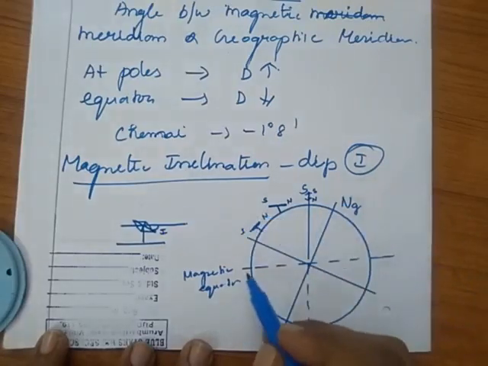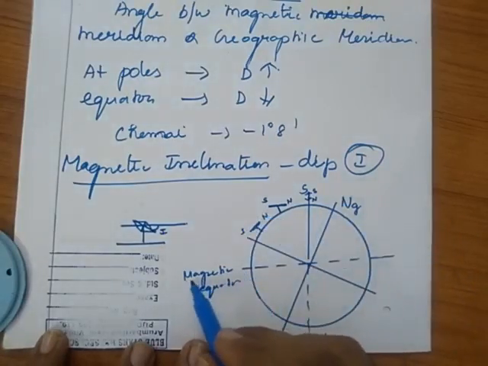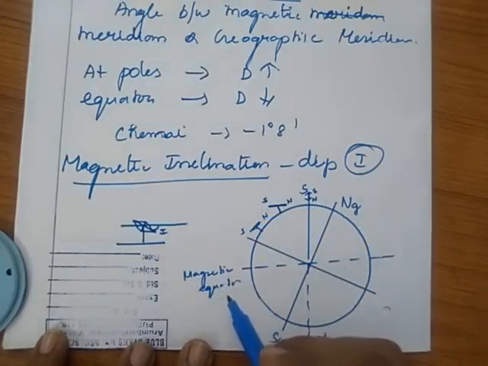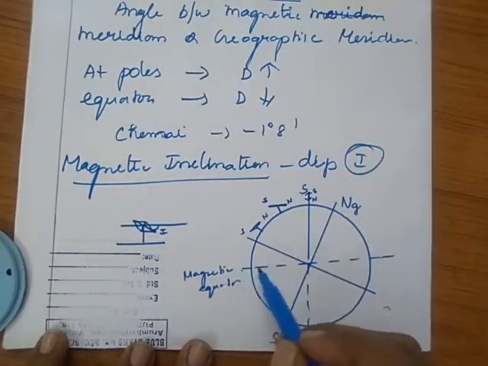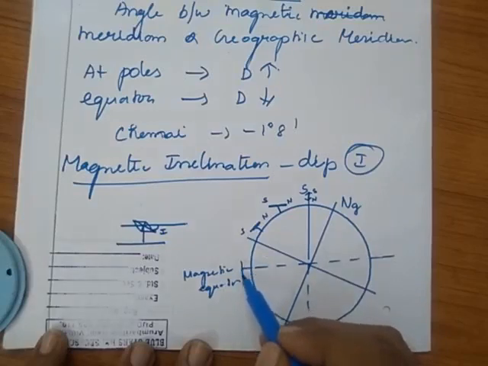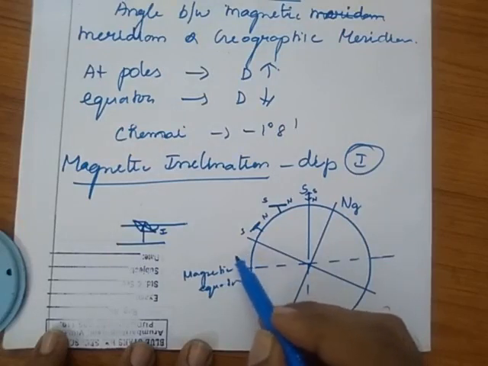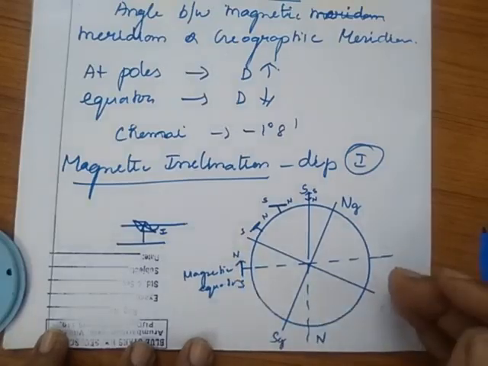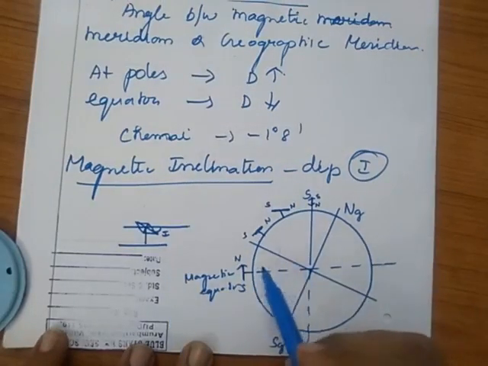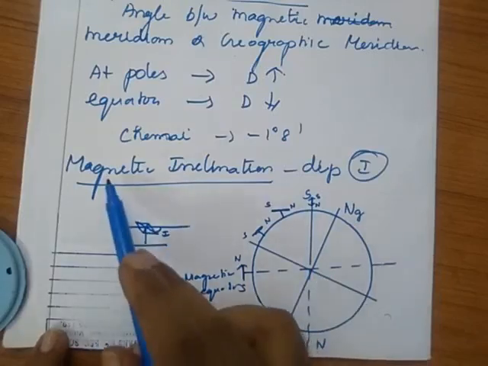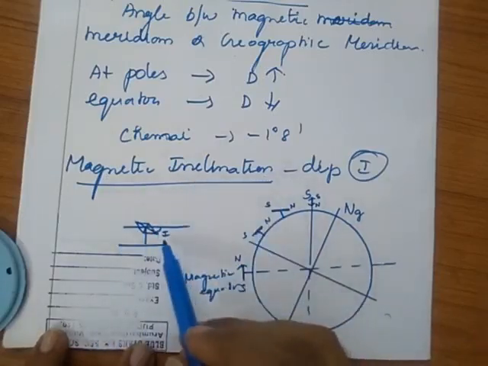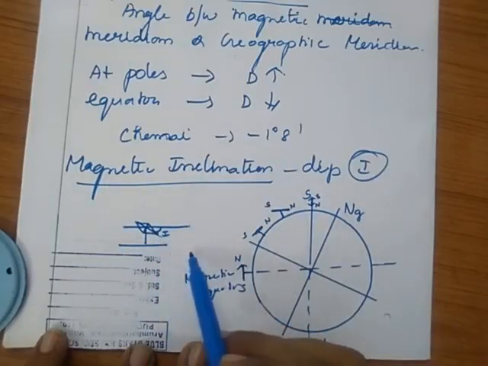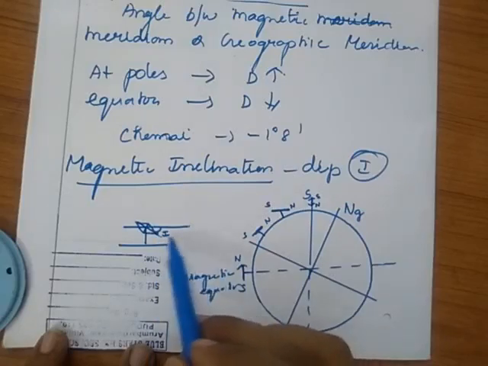If the needle is placed at the magnetic equator, not the geographic equator, it will align like this, N and S. Here the magnetic inclination is the angle made by the earth's total magnetic field with the horizontal direction of the magnetic meridian.